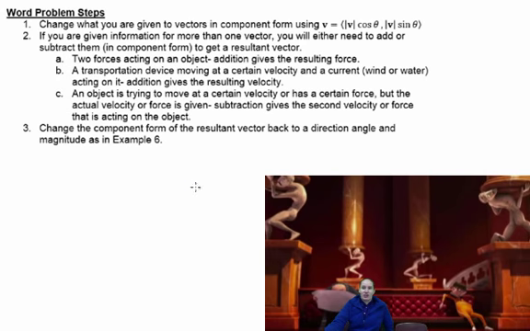Then if you have vectors in component form, you're allowed to add or subtract them depending on what the problem asks you, because usually that's what it's asking us to do, either add or subtract them to get some kind of a result. And here are 3 situations that we've got. A, you could have 2 forces acting on an object, and adding those forces together gives you the resulting force.